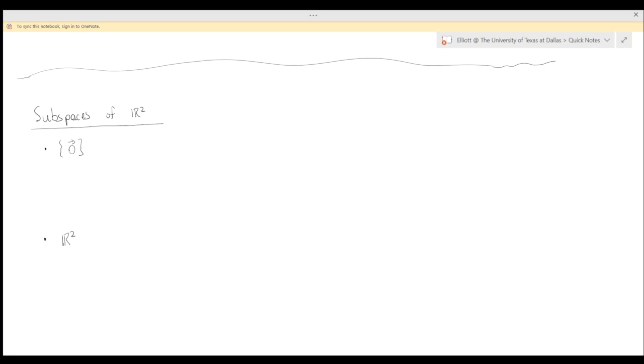So you always have at least these two subspaces for any vector space, the zero vector and itself. Now, in addition, for R2, any line passing through the origin is also going to be a subspace of R2.